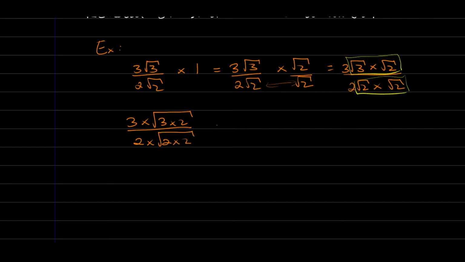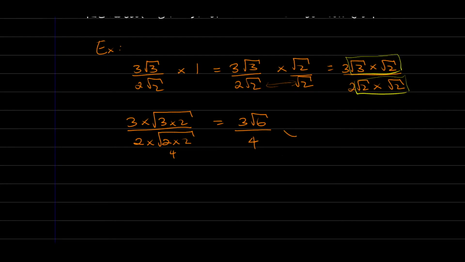This means I have 3 times the root of 6 on top. On the bottom, 2 by 2 is 4, root of 4 is 2, so this is multiplied by 2. So this becomes 4, and this is my final answer.